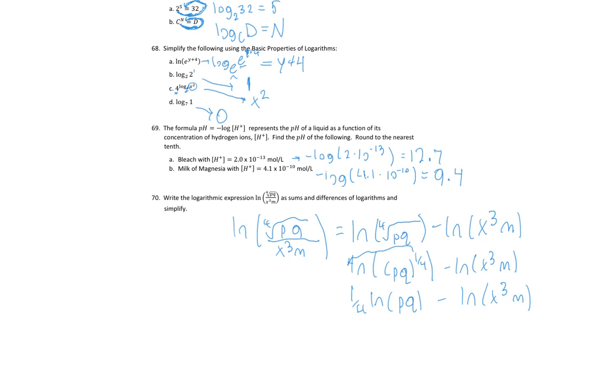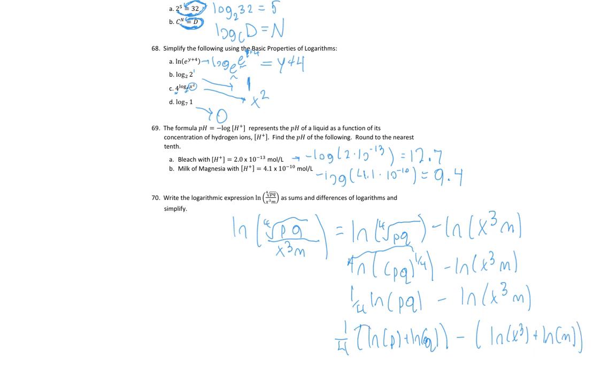Now I have multiplication on the inside. It's kind of similar: when you have division, it goes to subtraction. Multiplication will go to addition. Now note this 1/4 and the minus need to stay out front of the whole thing. So 1/4 times natural log of p plus natural log of q, and the 1/4 is on both of them, minus ln of x to the 3rd plus ln of m, and the minus on both of those.